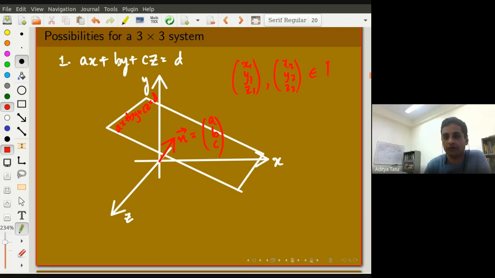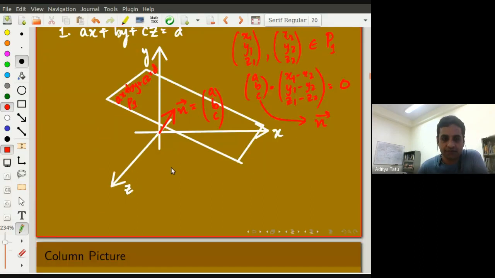They belong to the plane, let's call it B1. Then the dot product of the vector ABC with the difference of these points is 0, which is why we can interpret this as the normal. Fine.